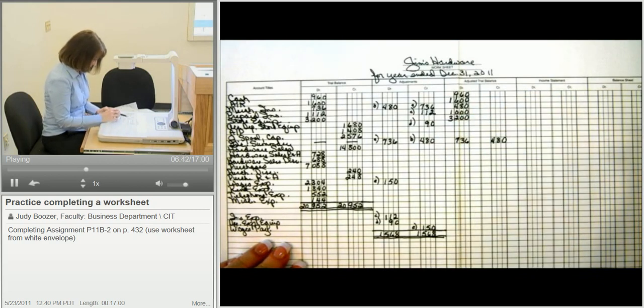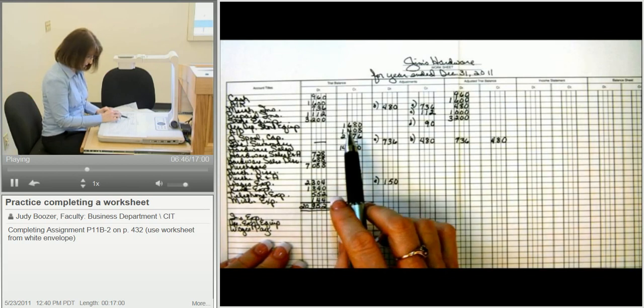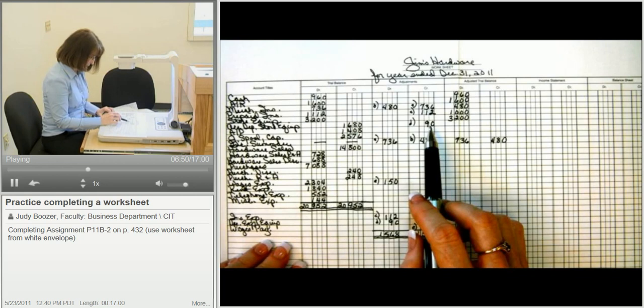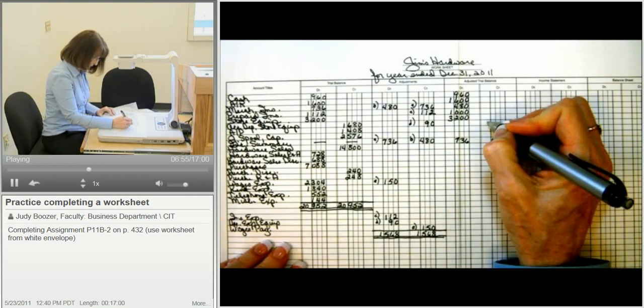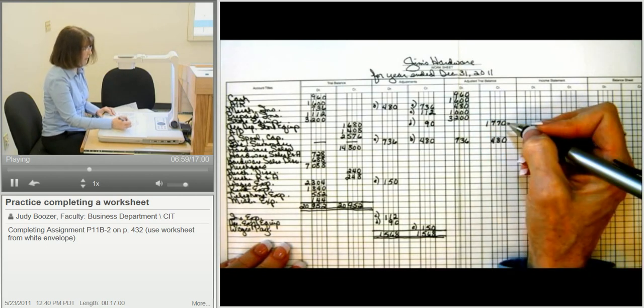Now, accumulated depreciation store equipment started with $1,680. We have an adjustment of $90. So what's the new balance? Good. $1,770. When they're both the same, meaning both debits or credits, you add.